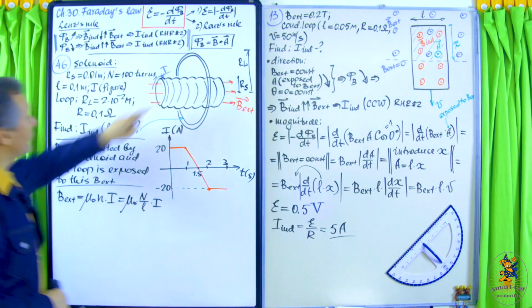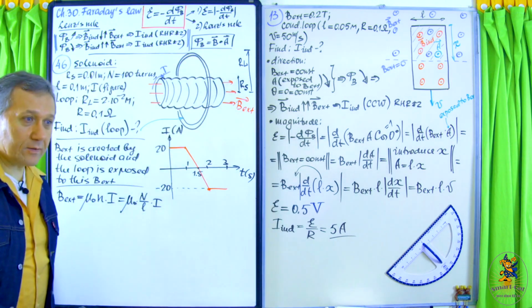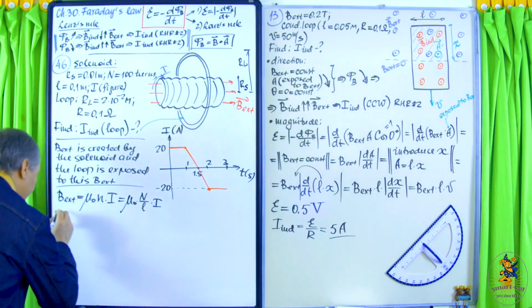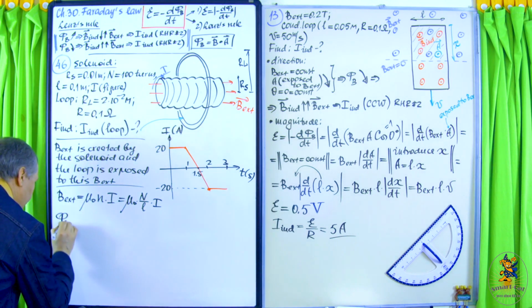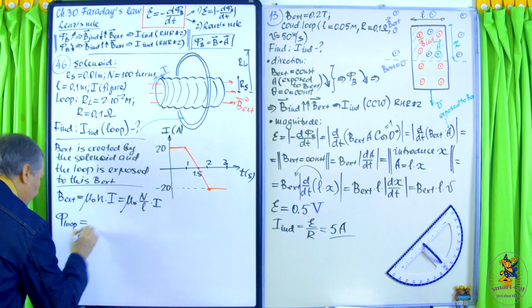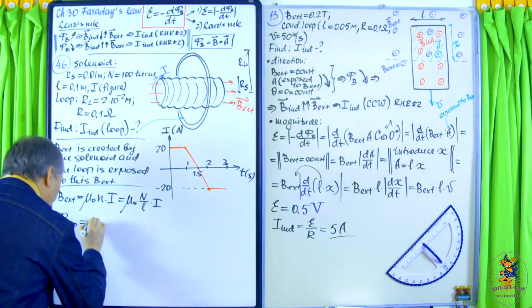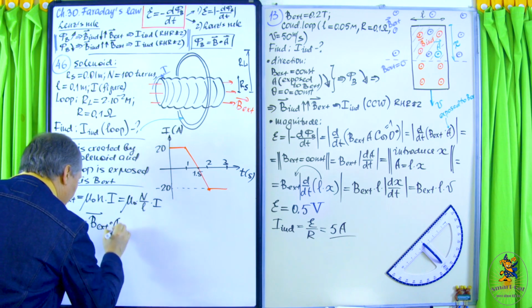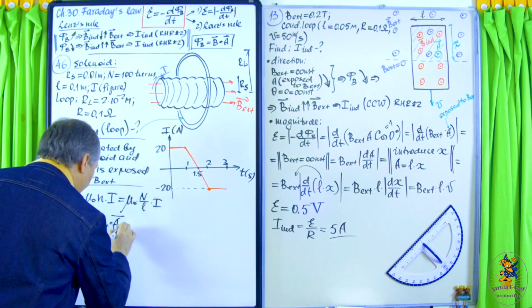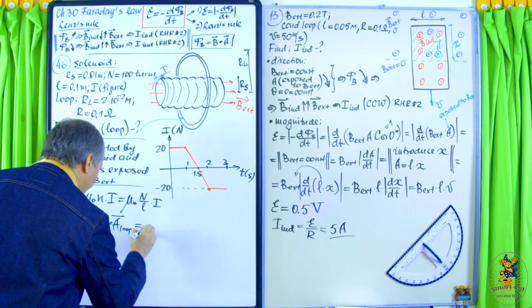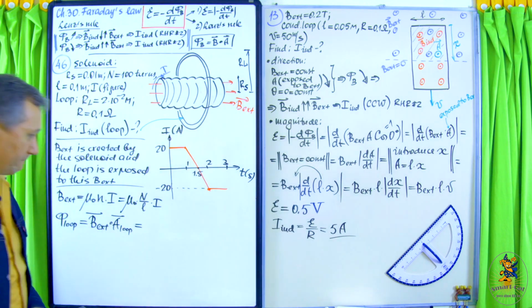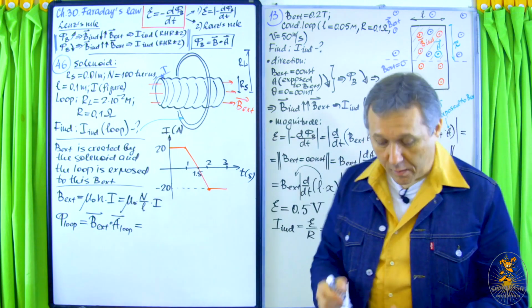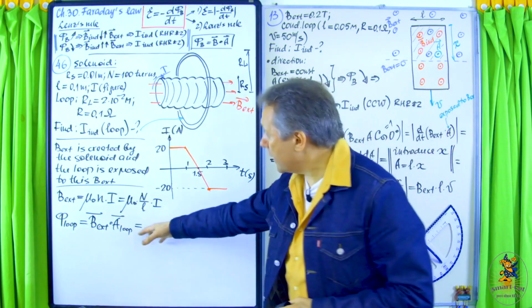So that's what we need for flux. Now let's find the flux. Magnetic flux, and of course let me emphasize through the loop, will be B external times the area of the loop.